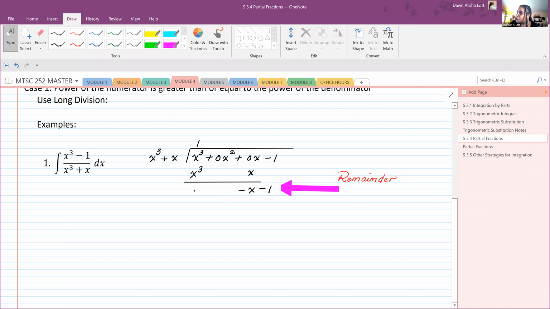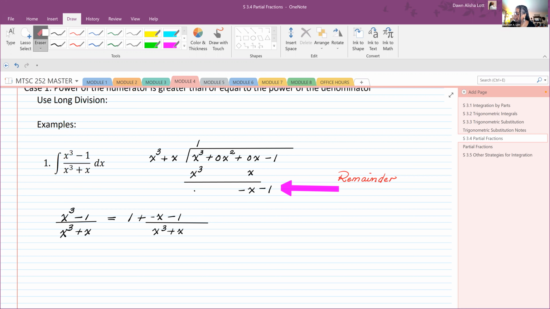Okay, so now we get that x cubed minus 1 over x cubed plus x is equal to 1 minus x minus 1 over x cubed plus x.